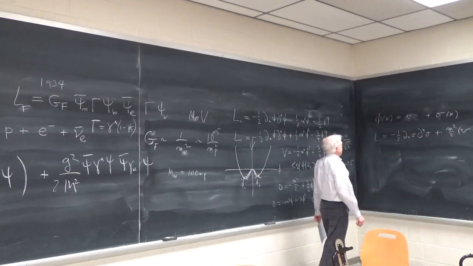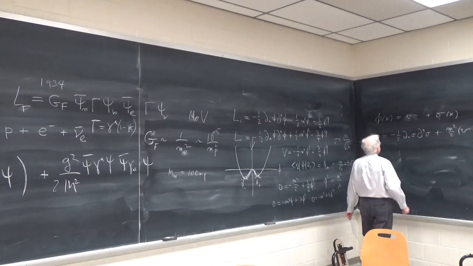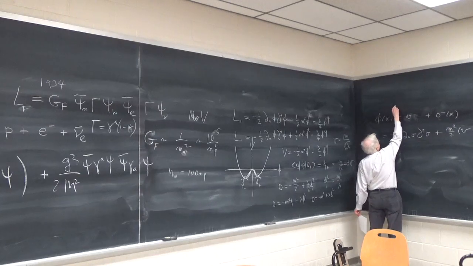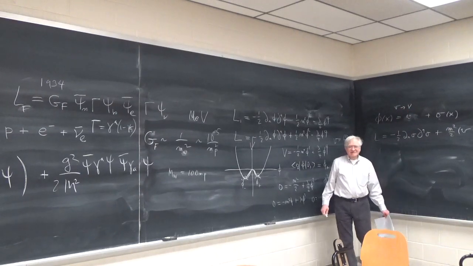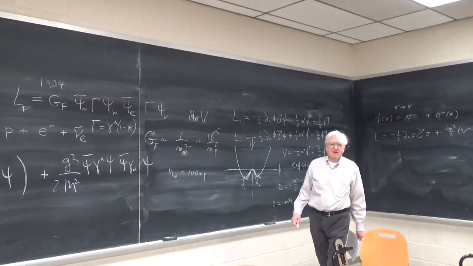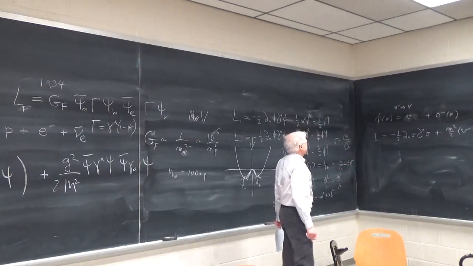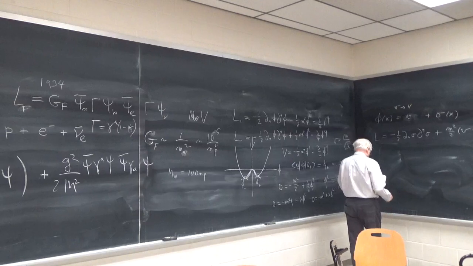In fact, I think what I'm going to do is write v as just a, oh God, it looks like a nu now. Well, I don't know what to do.